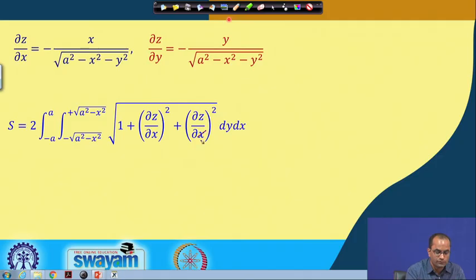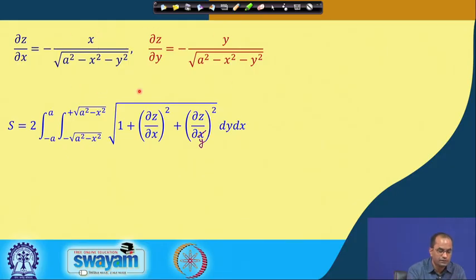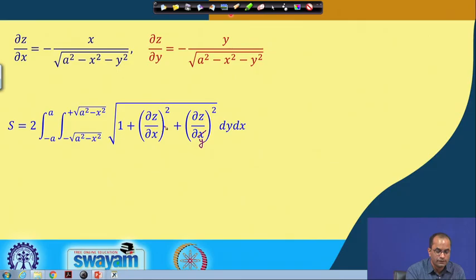Here this was with respect to y. So, if we substitute this now, so these are the whole square of these terms, what we will get? We will get simply 1 plus this x square over this a square minus x square minus y square will come, and then here also we will get y square over a square minus x square minus y square.